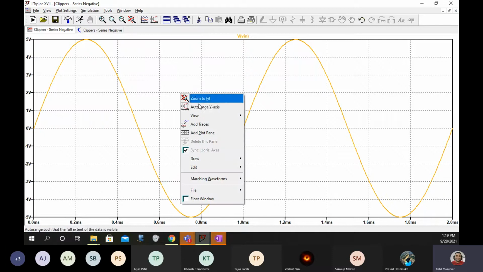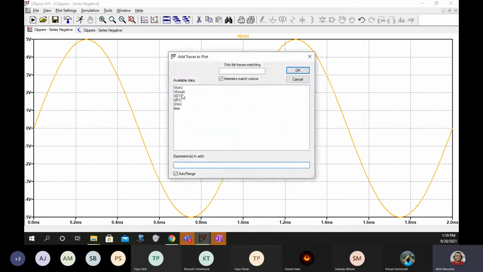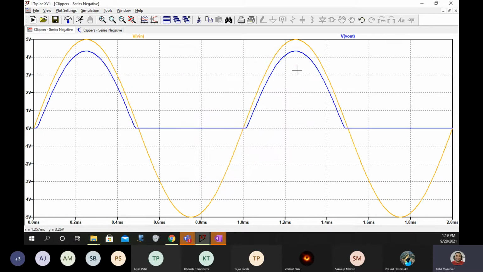Now comes the output. So I am adding the trace, that is V out, and you can see that this is the graph that you were looking for. So this is your time waveform.